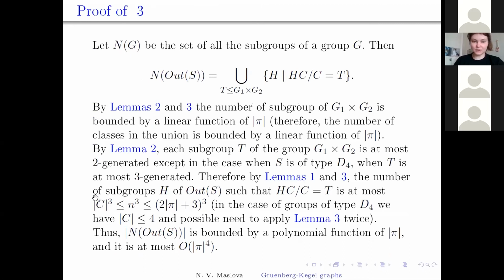And the number of subgroups H such that HC by C is T, for each fixed T, is at most 2 times the order of pi plus 3, cubed. And in the case D4, we need to apply this lemma twice and possibly receive some constant here. So it doesn't matter.